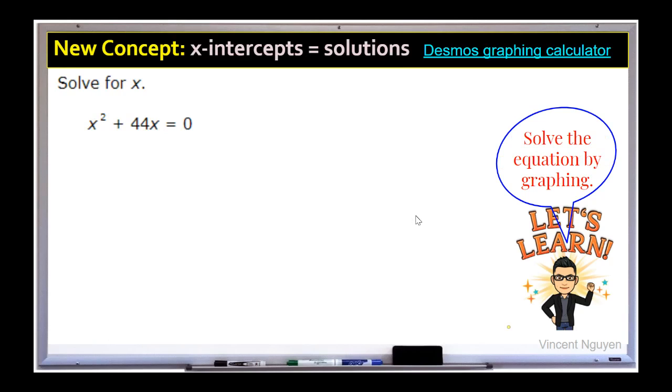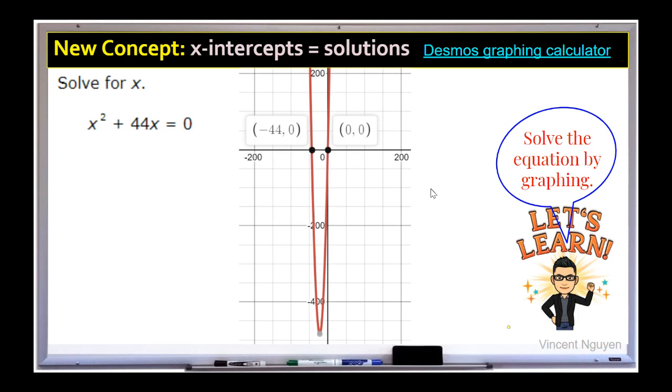All right, let's start out with this first example. There's a link to the Desmos graphing calculator here in my lesson if you pull up this presentation. Or you can Google search Desmos graphing calculator, and the first result is the correct site. So if I were to enter this into my Desmos graphing calculator, the graph will look like this, right?